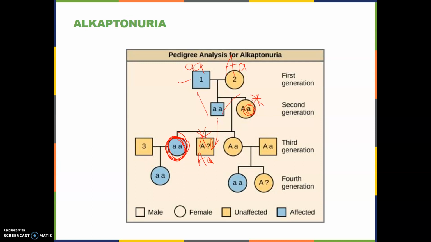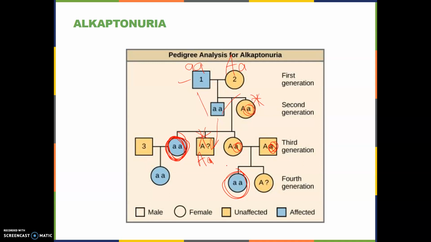She had children with a man who is big A, little a. And we know that both these individuals have little a's because they ended up having a child who was affected with alkaptonuria, a daughter. And if the daughter has two little a's, she got one from her mom and one from her dad.